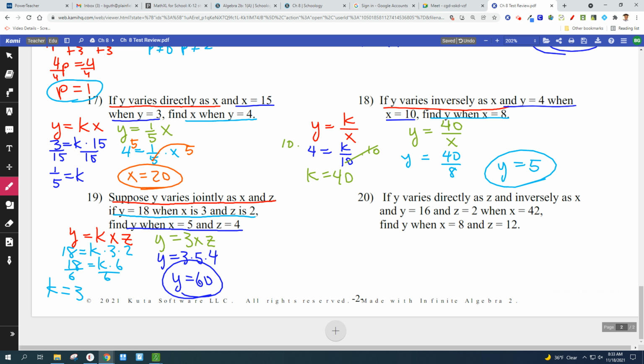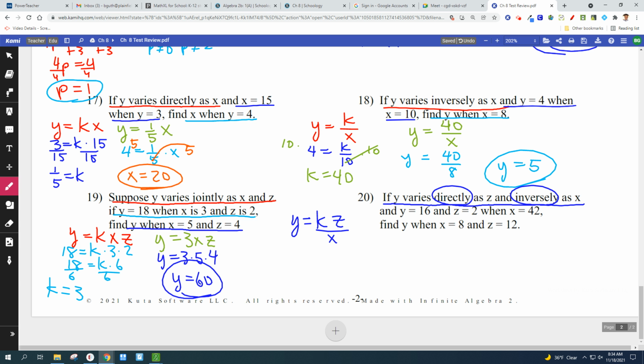All right, last one is the trickiest one. I'm not sure we've seen one worded quite like this. It says y varies directly as z and inversely as x. So direct variation with z and inverse variation with x. All right, direct means times, inverse means divide.